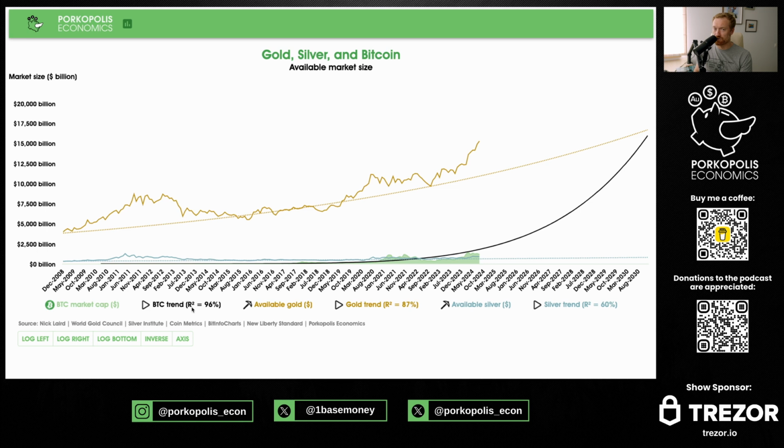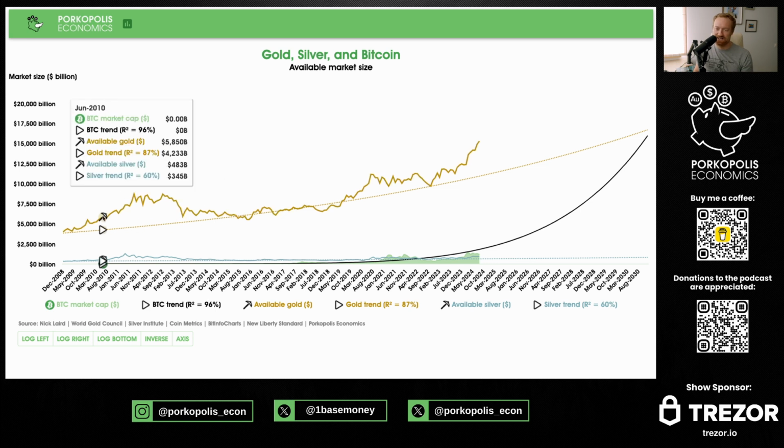A couple things here. The R squared, what is that? That's basically just the goodness of fit. This is how the valuation moves around the trend line. In gold, the valuation is about 15 trillion, while the trend line itself is only 10 trillion right now. So the way that the valuation line moves around the trend line, the R squared can help us understand the goodness of fit.